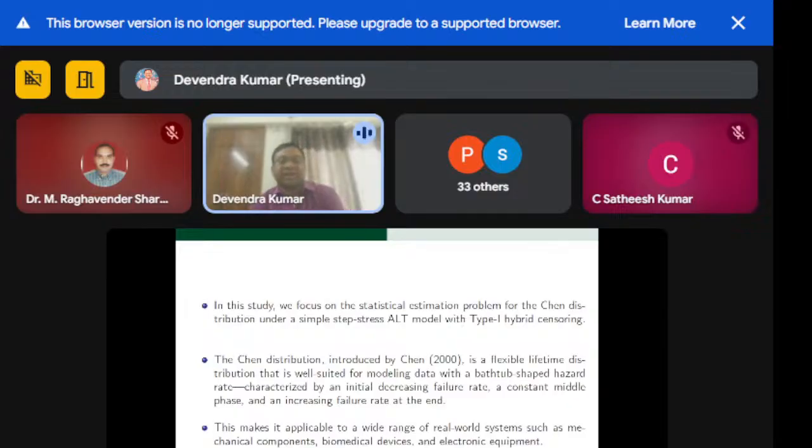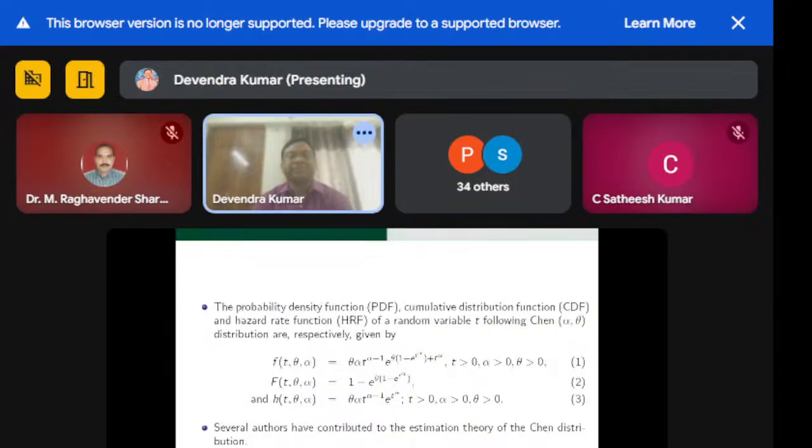This makes it applicable to a wide range of real-world systems such as mechanical components, biomedical devices, and electronic equipment. The probability density function, cumulative distribution function, and hazard rate function of a random variable T following the Chen distribution with parameters alpha and theta are given in the first, second, and third equations respectively.